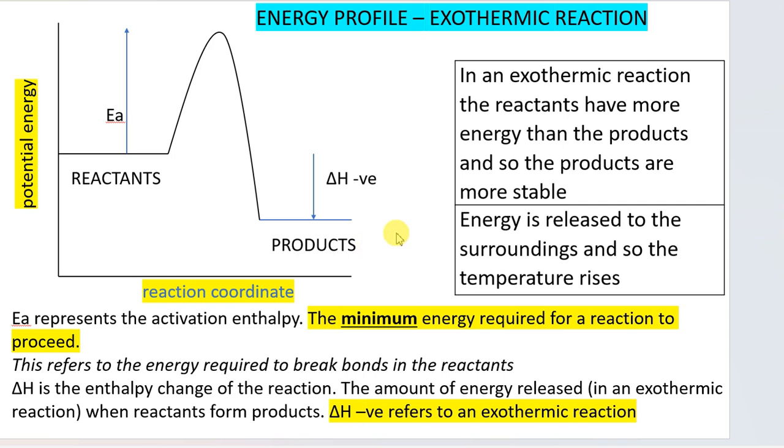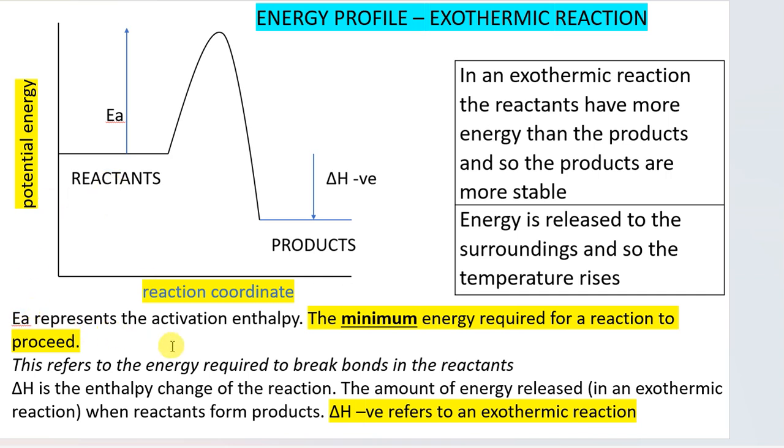Delta H, delta, the Greek letter, always refers to a change in heat, negative, as energy is released. So, in an exothermic reaction, the reactants have more energy than the products, and so the products are more stable. Energy is released to the surroundings, and so the temperature rises.